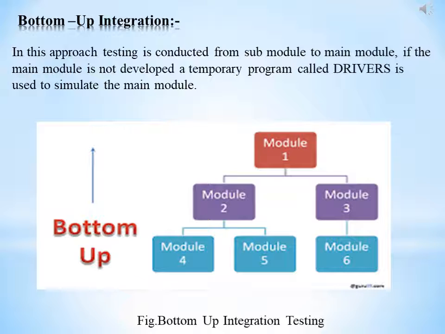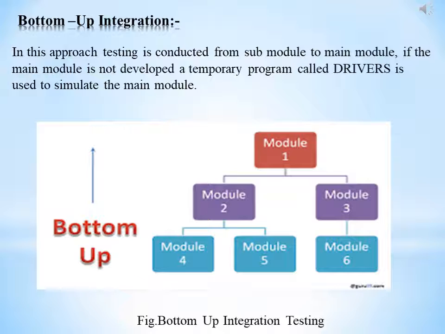This technique is the opposite of top-down integration testing. In top-down integration, we test from the top of the program, and in bottom-up testing, we do the opposite: testing is conducted from the sub-module to the main module.